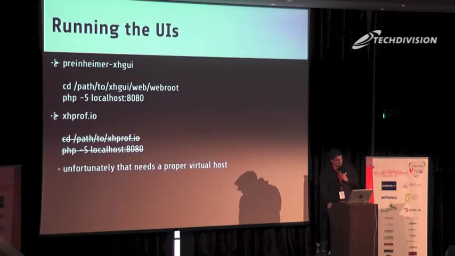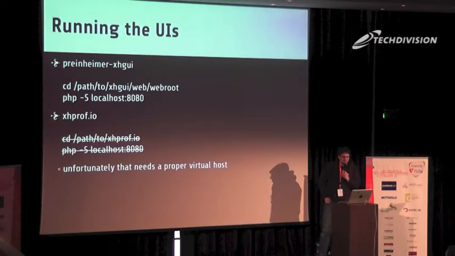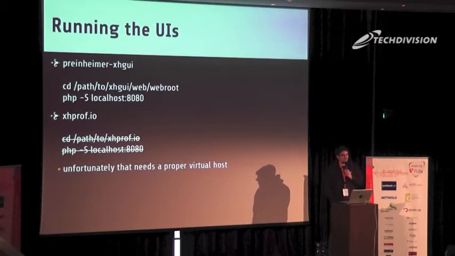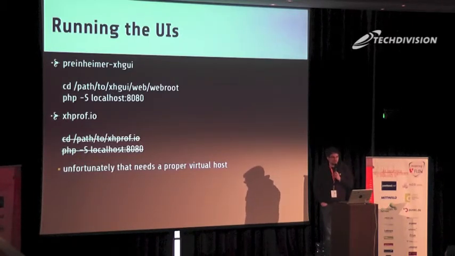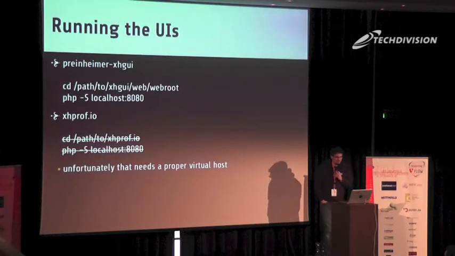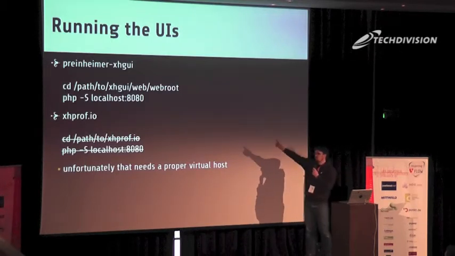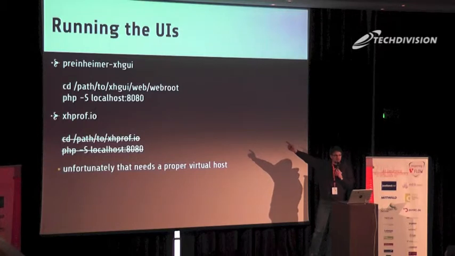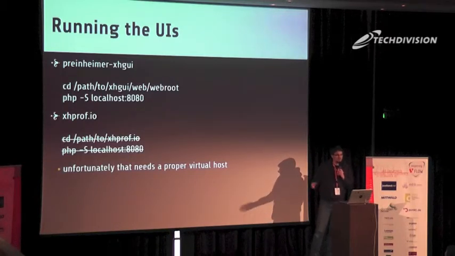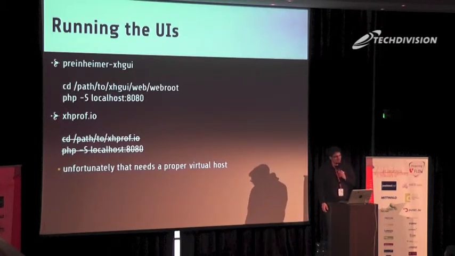And then running the UI for the MongoDB-based UI is really simple if you use PHP 5.4, which has a built-in web server, as you may know. All you need to do is go into the web root folder of that tool, and then you can just start up the built-in web server of PHP 5.4 and access localhost 8080 to see the UI.